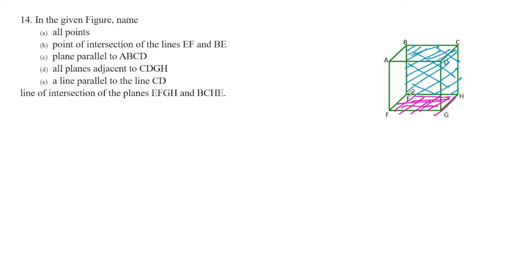Now what is the line which intersects? We have EH. So that's the line, EH. That's the answer for this question.